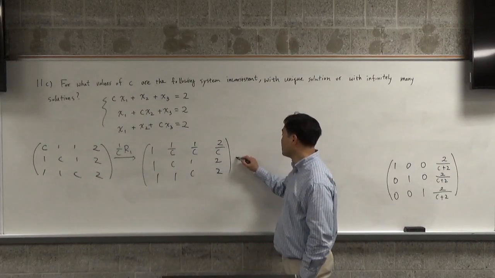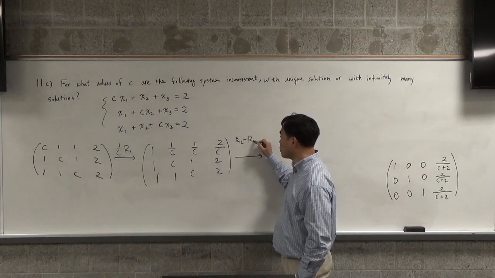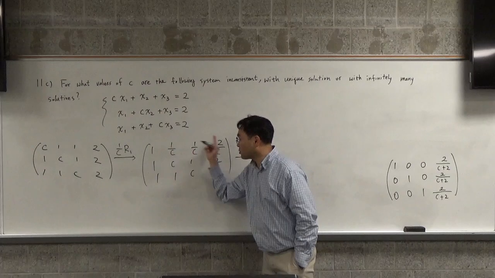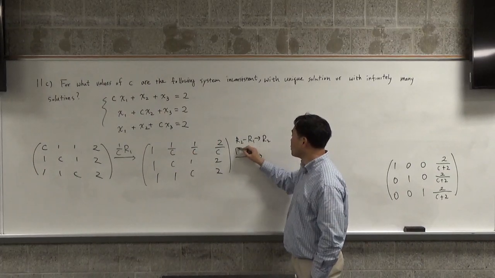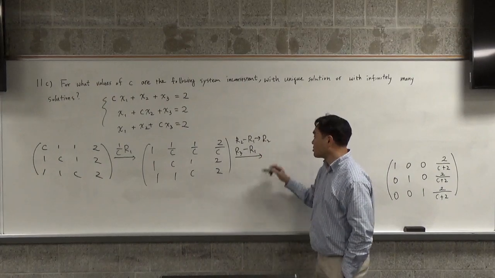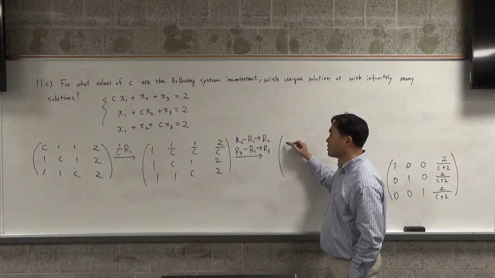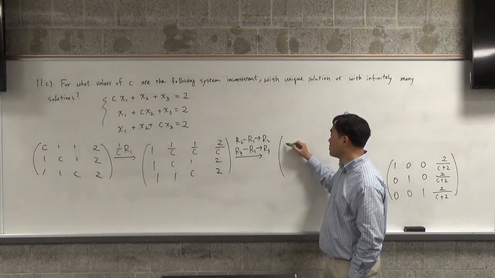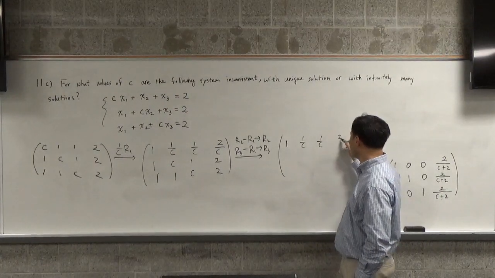And then you're going to take row 2 minus row 1 to get 0, right? And row 3 should also be replaced by row 3 minus row 1. So you have 1, 1 over c, 1 over c, 2 over c.